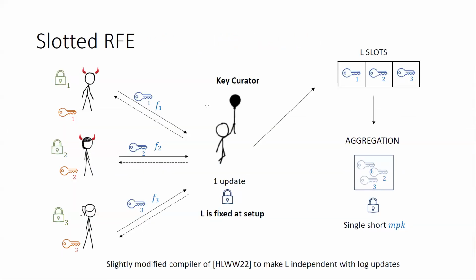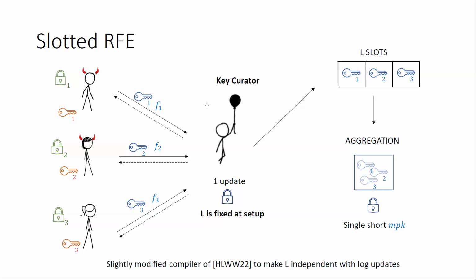Okay, let me introduce now our main contribution. We prove our scheme for slotted RFE. Similarly to slotted ABE, the key curator will receive at the very beginning all the keys from each player in the system all together. So the number of users is fixed at setup.